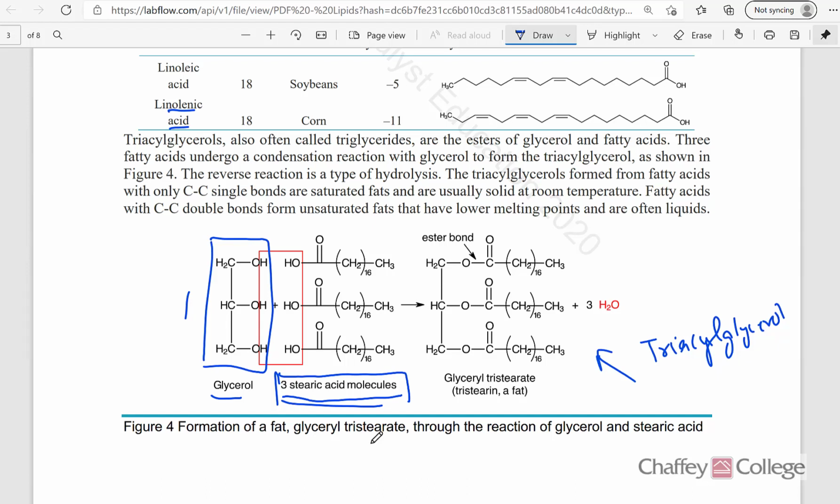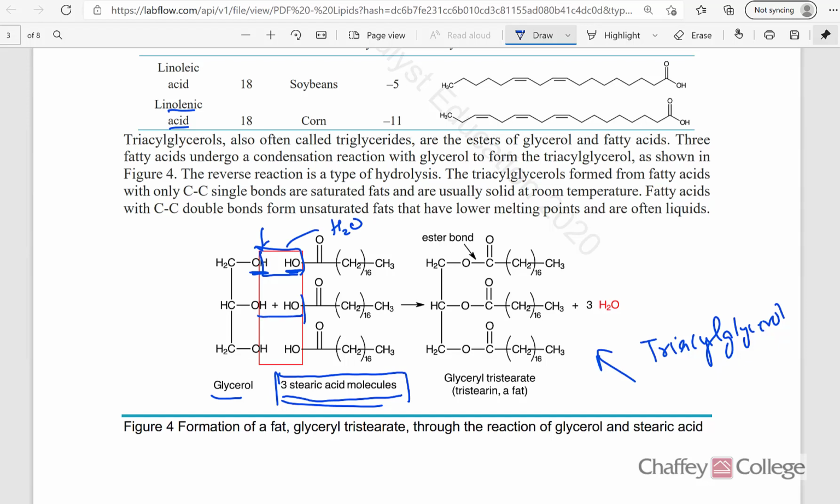So 3 of those acid molecules will react with 1 molecule of glycerol, and in this reaction hydrogen atoms from the OH group linked to glycerol will be removed, and the OH group from the fatty acid functional group will be removed. So this H and OH will form water, or H2O.